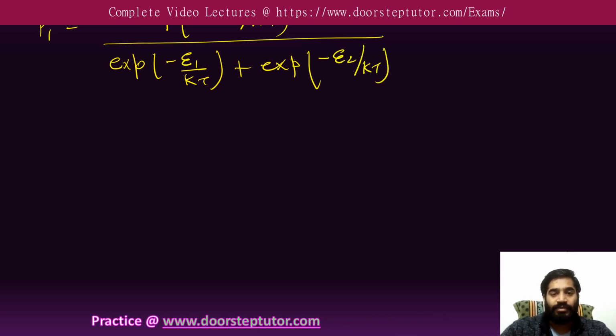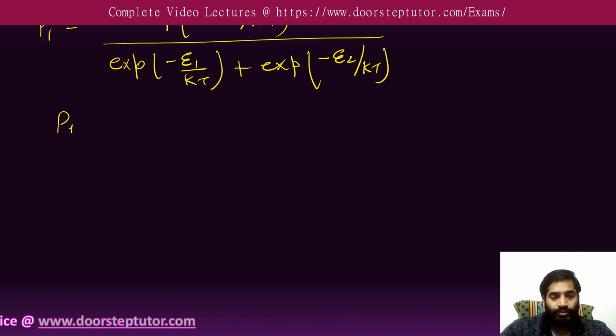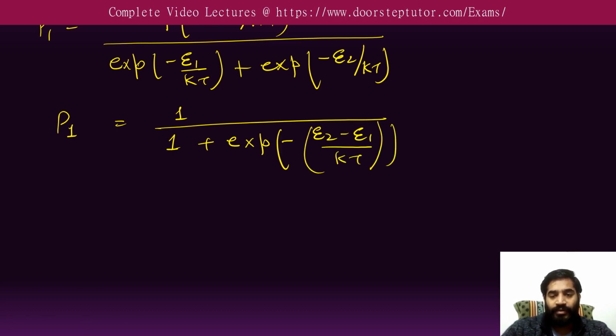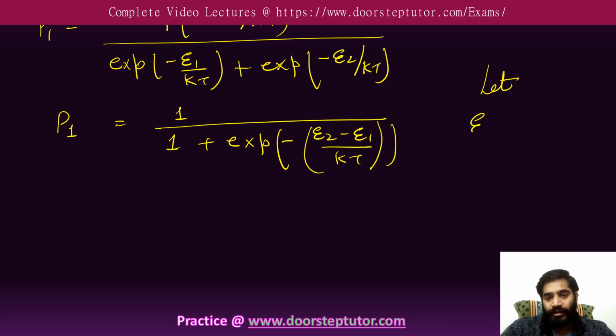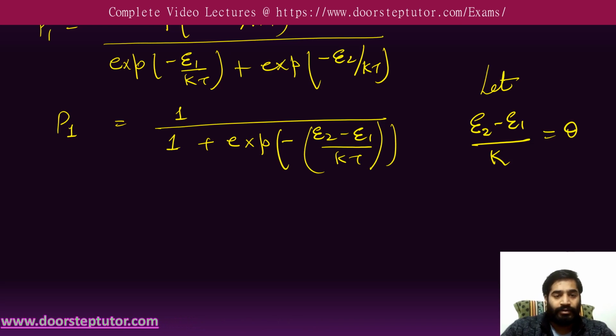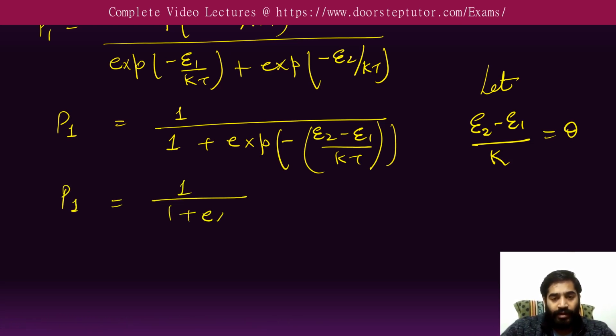If you divide by exponential of minus E1 by kT, it changes to 1 over 1 plus e to the power minus (E2 minus E1) by kT. Let (E2 minus E1) by k be theta; then P1 becomes 1 over 1 plus exponential of minus theta by T.